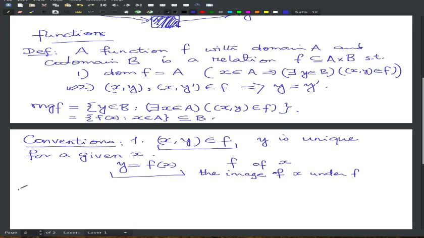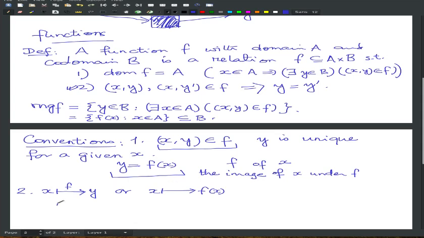Now, there is also another way we write this. When we write f(x), we don't write the f on the top.